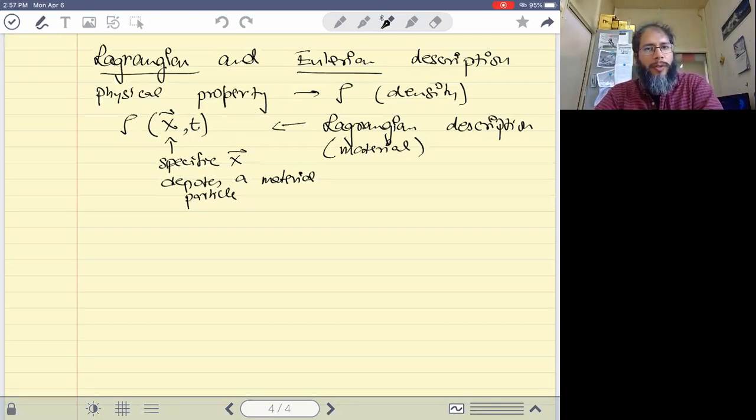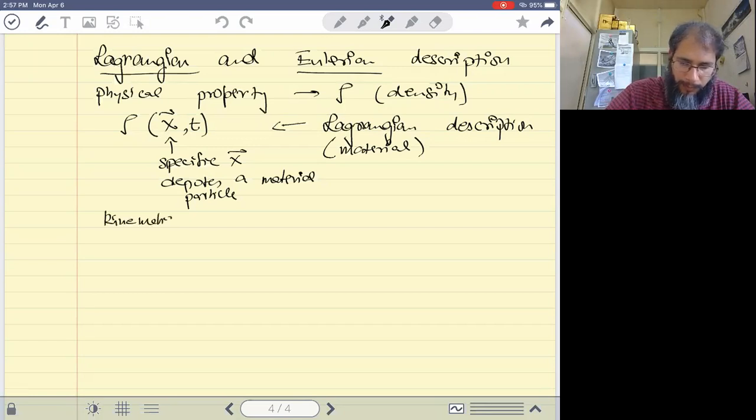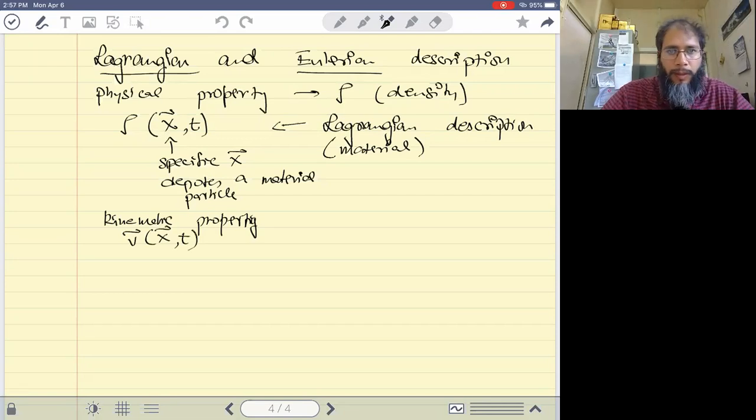Similarly, we could have used a geometrical property or a kinematic property, for example, velocity. As a function of capital X and t, I have the information about velocity.